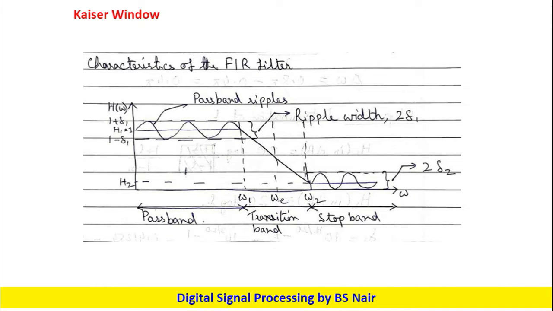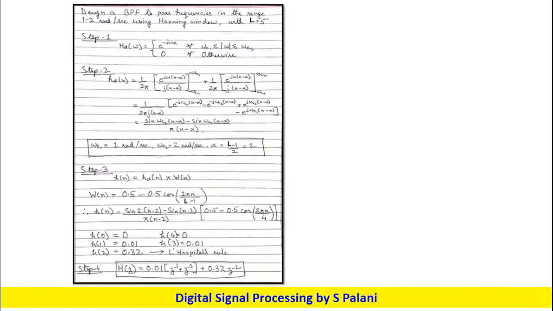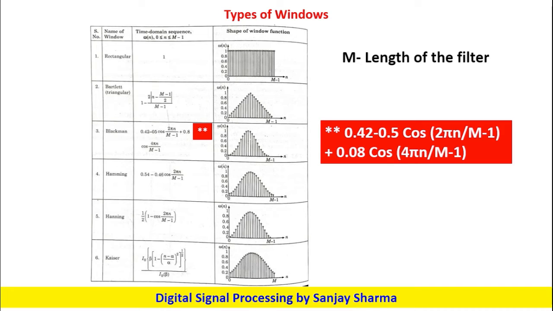In the previous cases of the windows, I have already told you about the rectangular window, the Bartlett or triangular window, the Blackman window, the Hamming window, and the Hanning window.